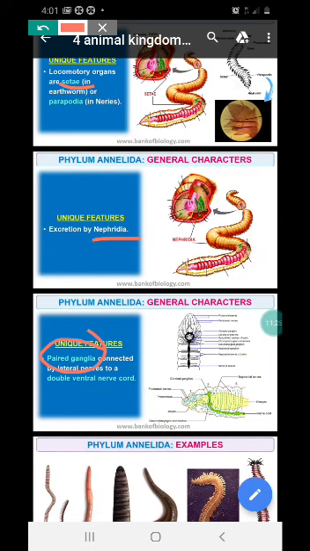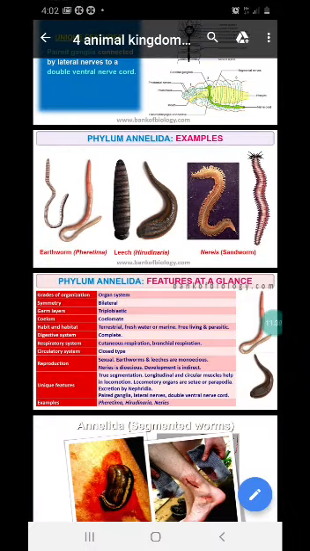Ganglions are a collection of nervous tissue. Now, these are the examples of phylum Annelida: earthworm, which is Pheretima posthuma, leech, Hirudinaria, and Nereis.